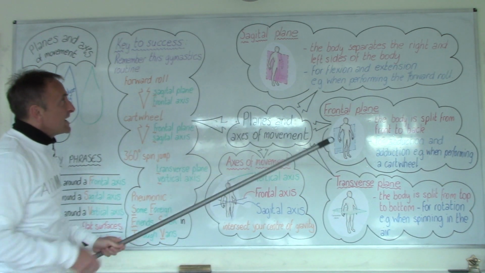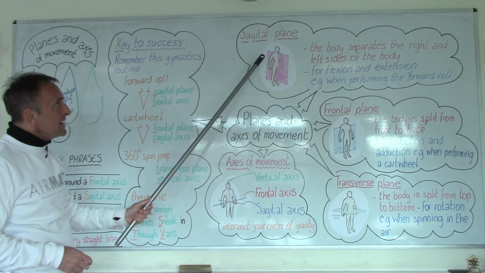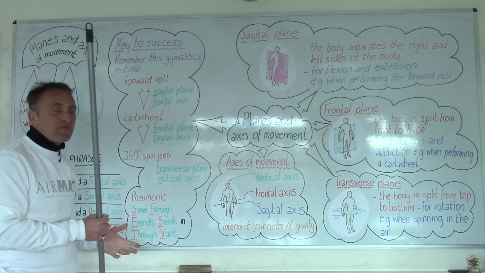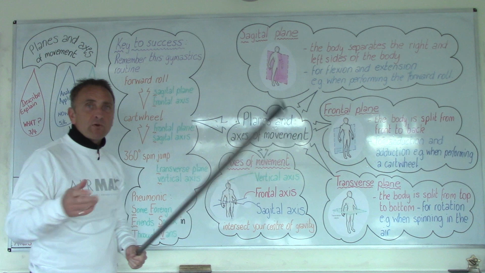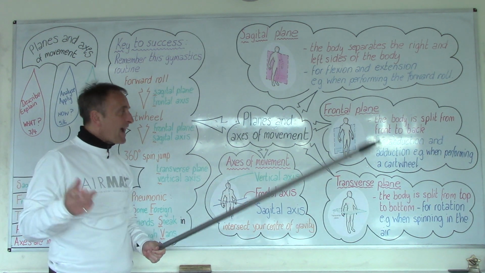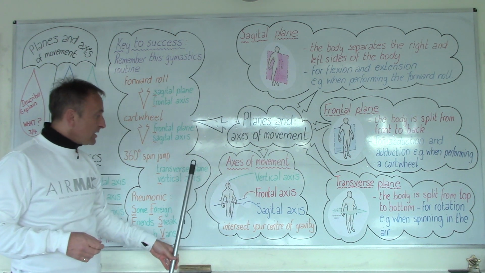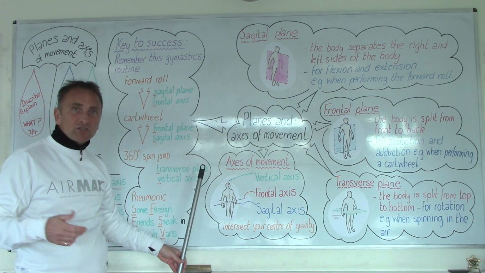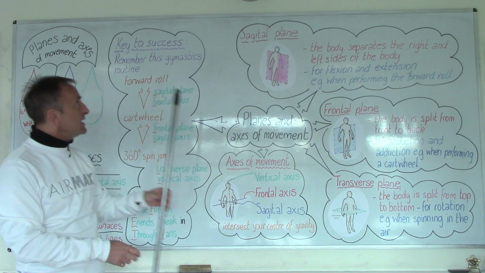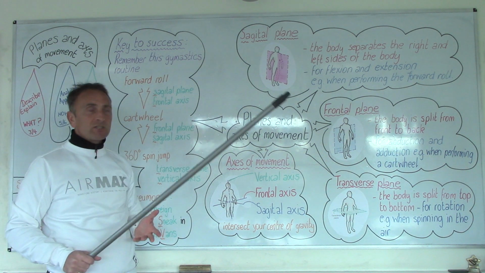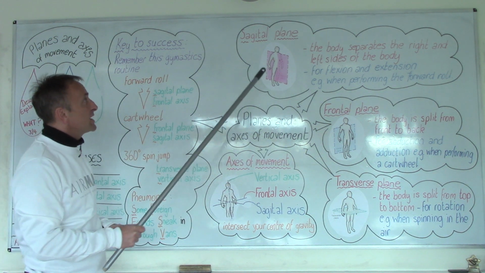So what is a plane? Well, a plane is kind of an imaginary flat surface that separates the body. An axis is an imaginary straight line that separates the body. It kind of intersects your centre of gravity. So let's go to my red jelly baby to start with, who is moving on a sagittal plane.